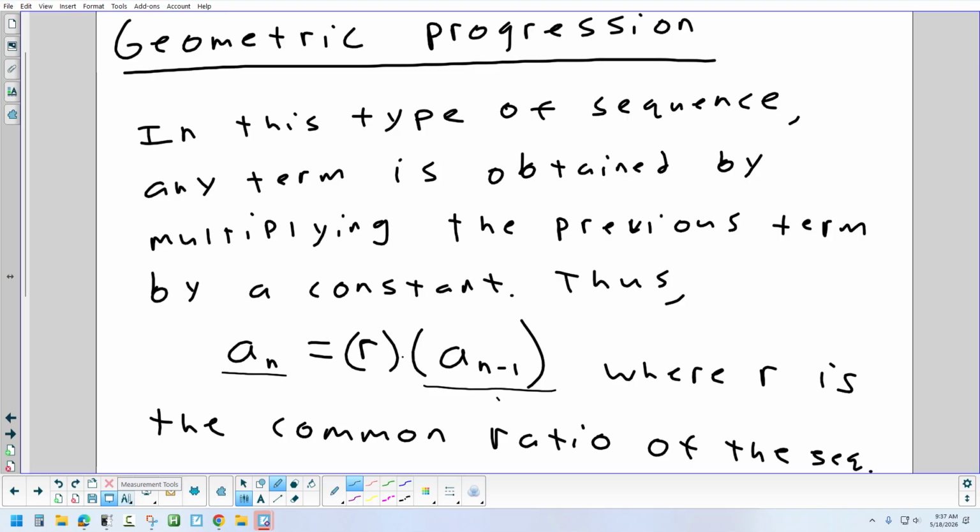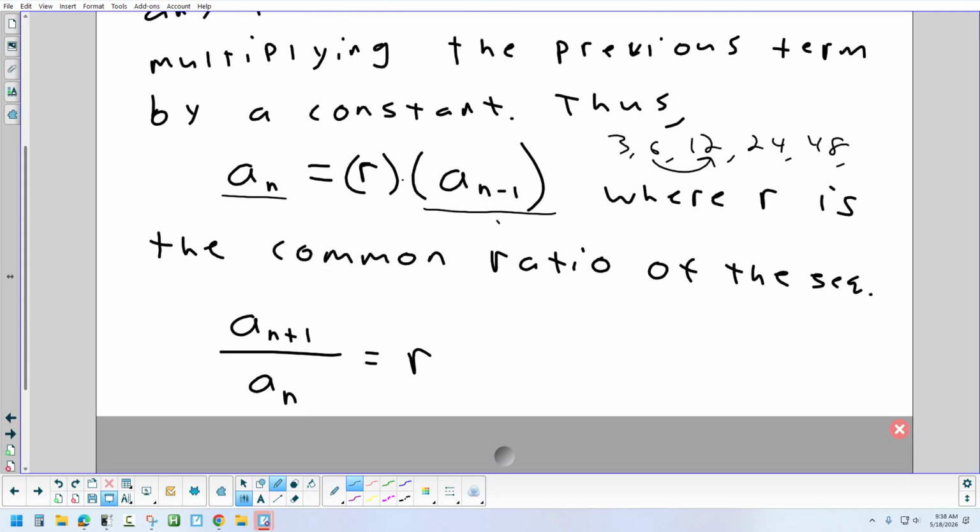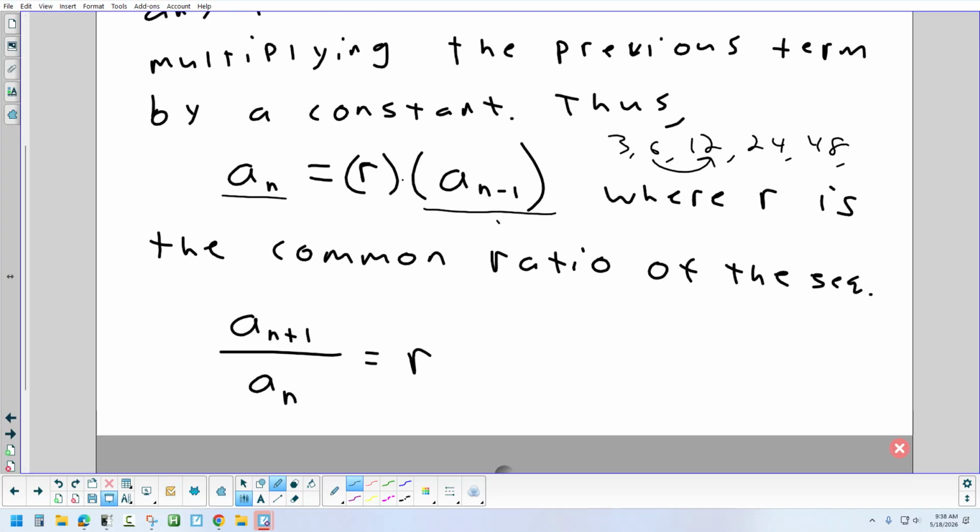Well, let's look at that sequence of numbers. 3, 6, 12, 24, 48. If you're trying to figure out how you get from here to there, you take a term in your sequence and you divide by the one that comes before it.